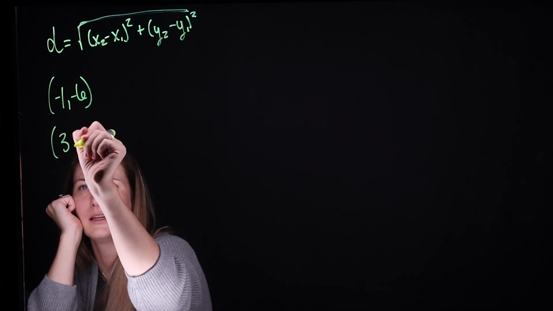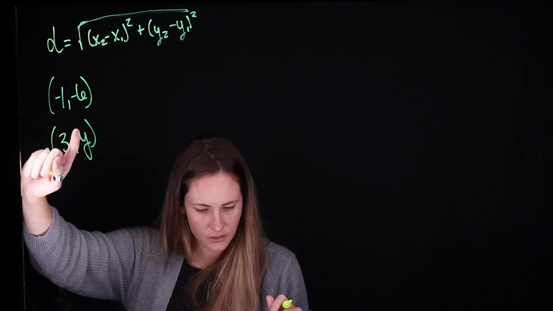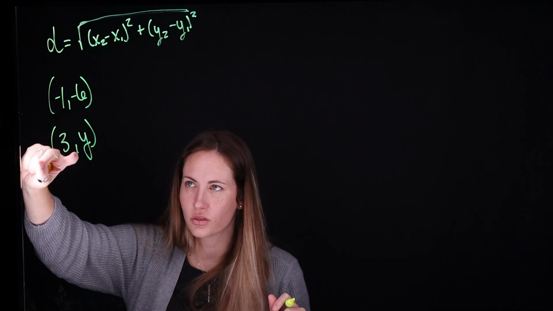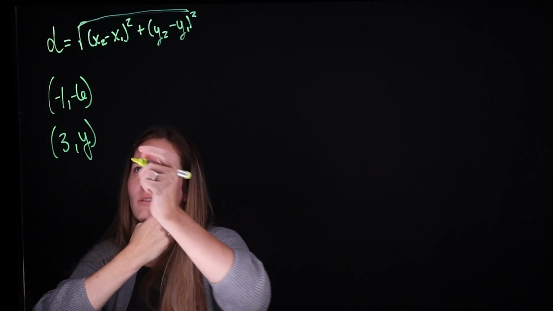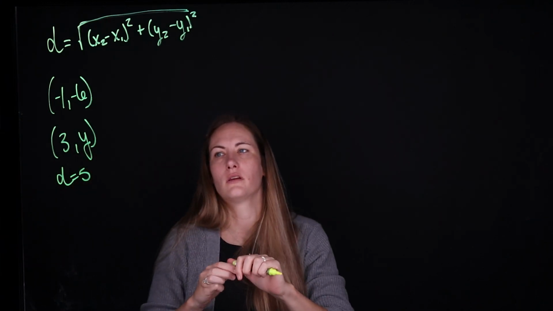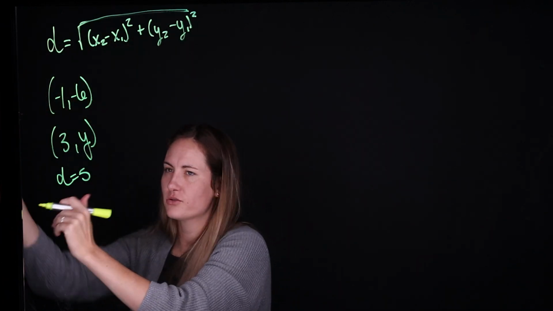We're looking for all points having an x-coordinate of 3 whose distance from this point is 5. So D equals 5. We have everything but one y value, and I can label those right now.